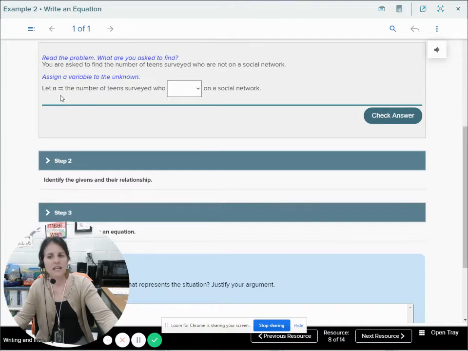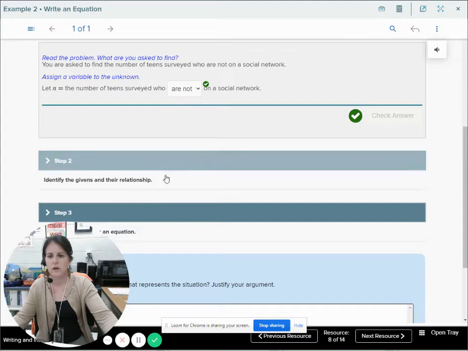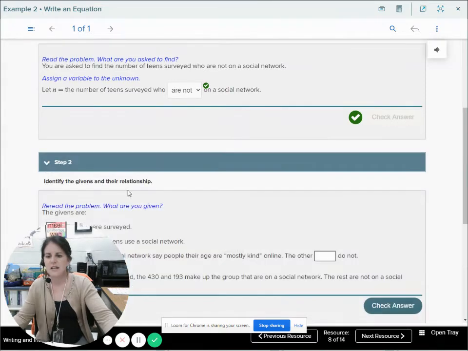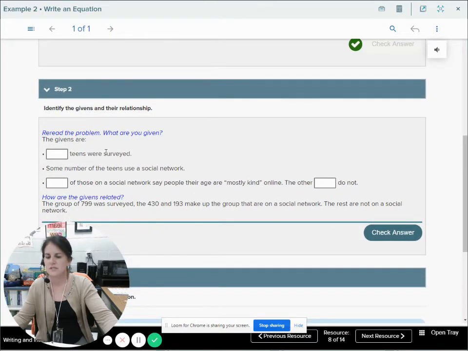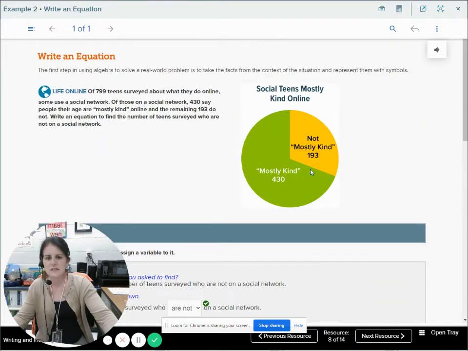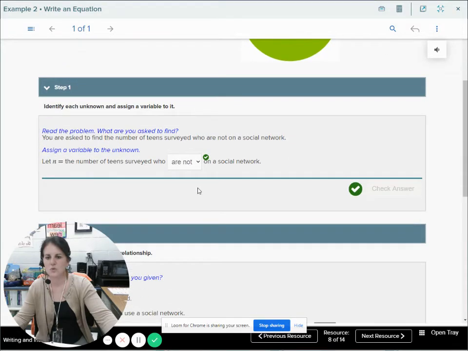We're going to let n equal the number of teens surveyed who, since we're looking for those who are not on a social network, we're going to choose are not. Next, we need to identify what is given to us and what is their relationship to the problem. So how many teens said 799 teens surveyed, 430 say people their age are kind, 193 do not.